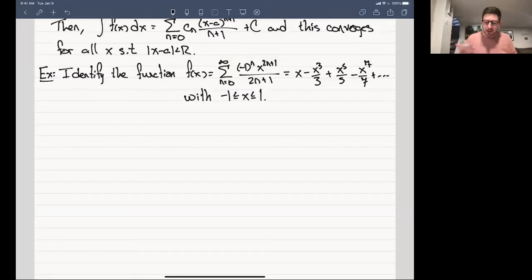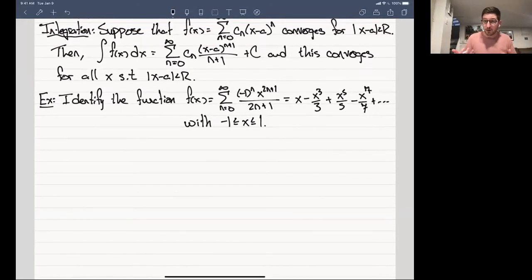So it's not immediately clear how we're going to be able to use integrals to help us here, right? This example is coming right after integration. So the question is, what can we do?